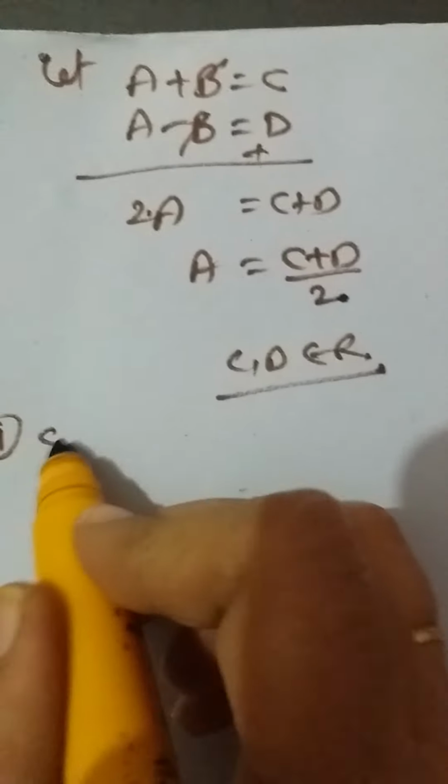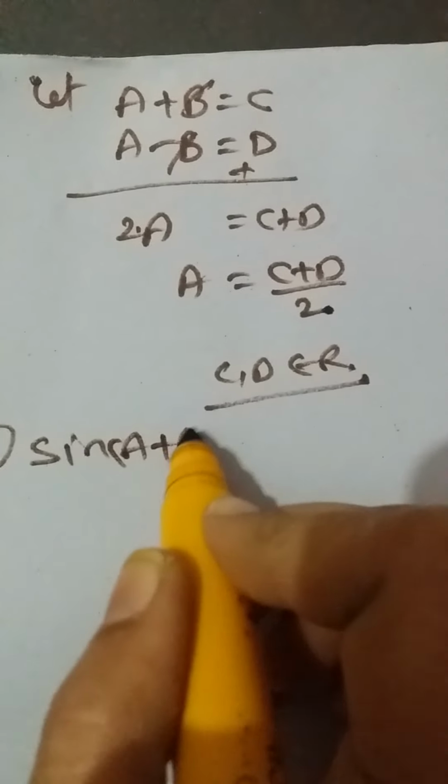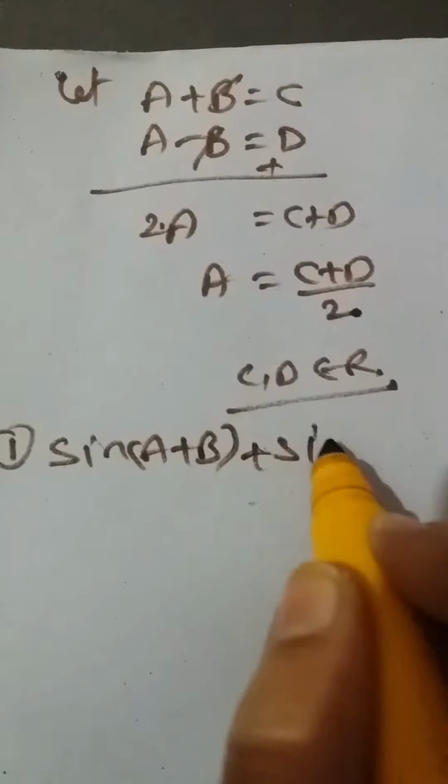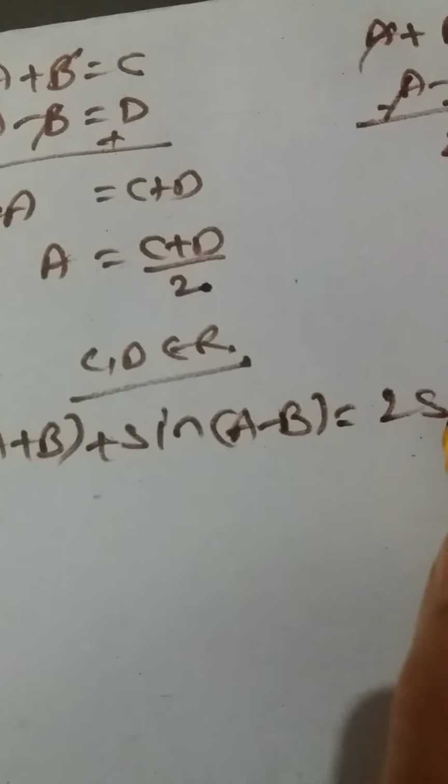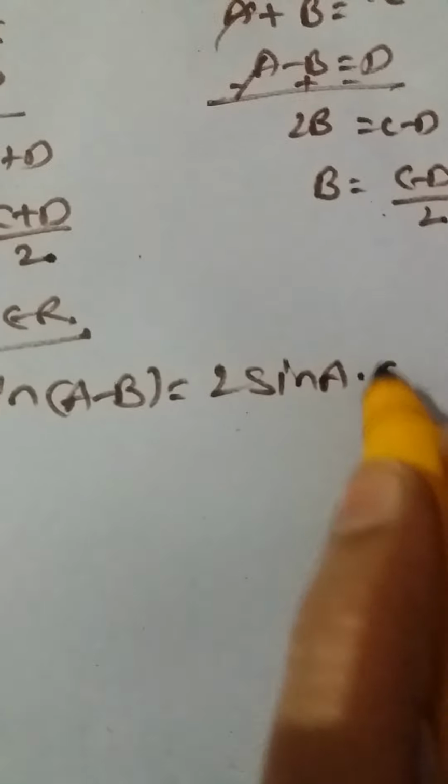So here I will take the first compound angle formula: sin(a+b) + sin(a-b) = 2 sin a cos b.